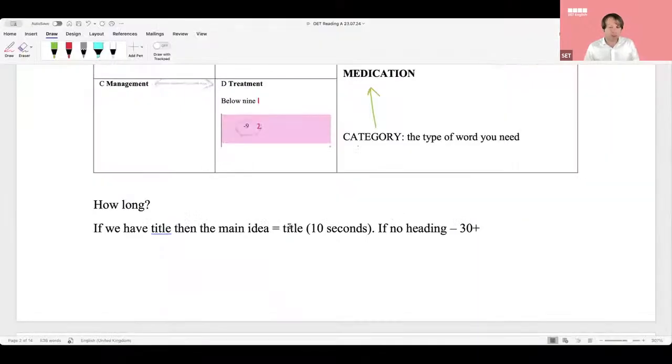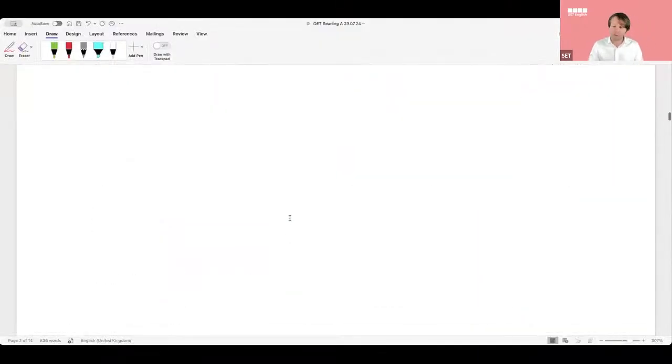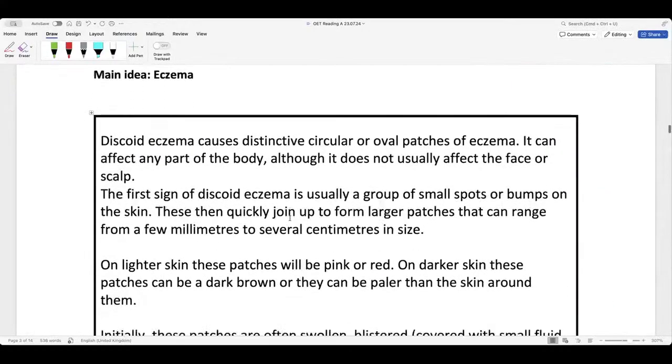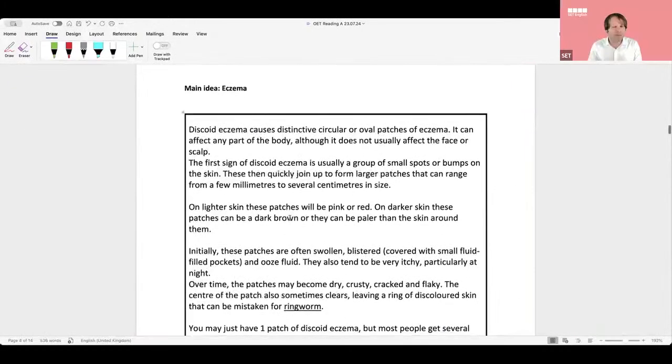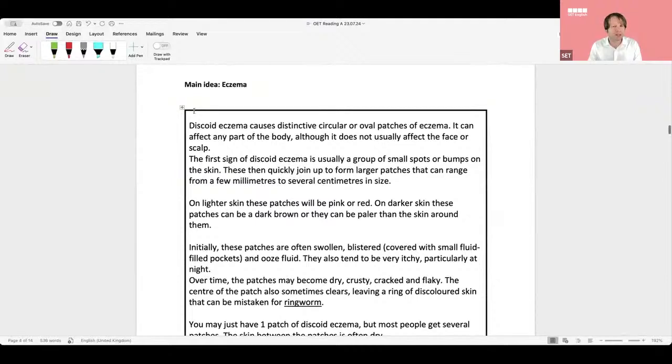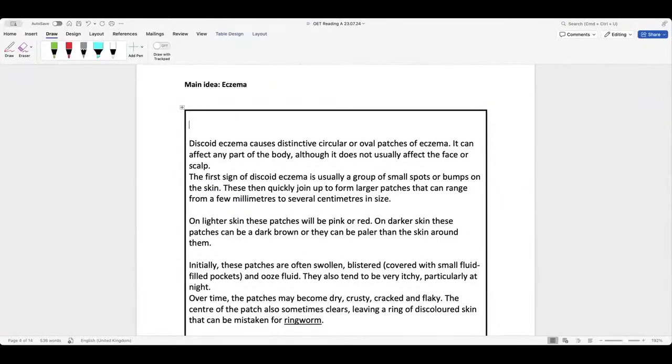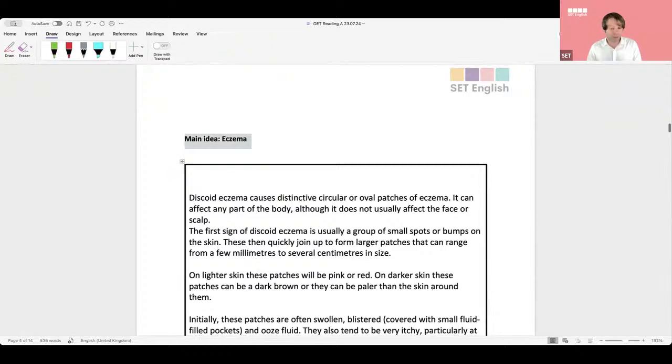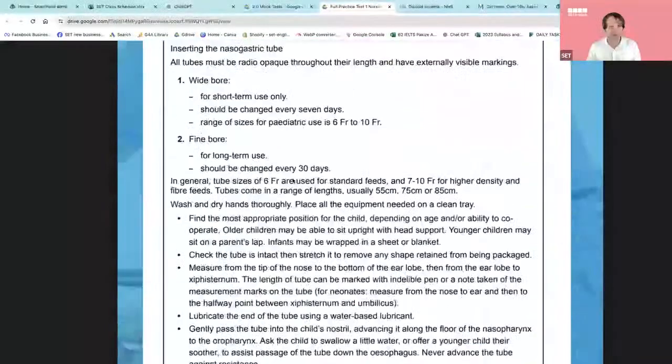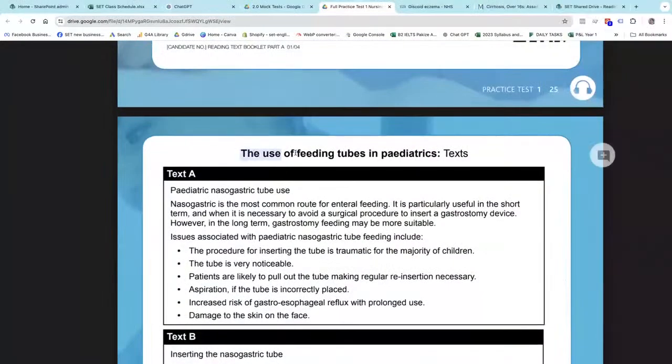Okay, so let me show you the first text. Everyone ready for the first text? Here it is. Now, do we have a heading? No. Yes, we have eczema. Look at this, that's the heading.